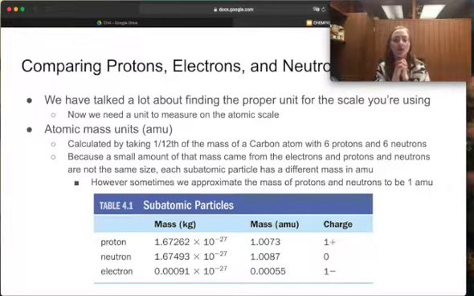So what we're going to use to measure the mass is the atomic mass unit, or AMU, is how we will abbreviate it. This was discovered by taking 1/12 of the mass of a carbon atom with 6 protons and 6 neutrons, okay? So basically assigning each of those a mass value of 1.